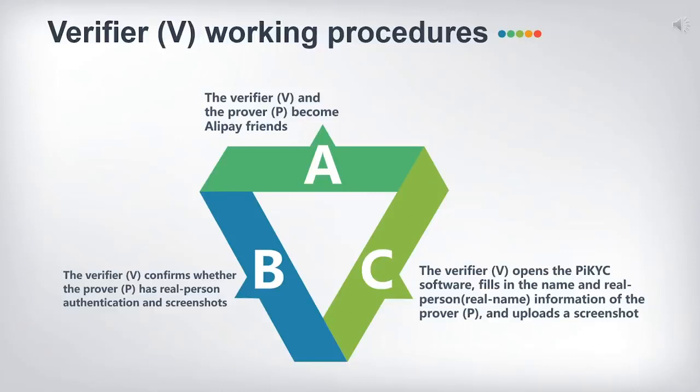Verifier working procedures. After the prover submits personal information, add the verifier as Alipay friend. After both parties become friends, the verifier confirms whether the prover is a real-name Alipay user and takes screenshots to save the evidence. Then, the verifier submits real-name information, and the system starts automatic verification.